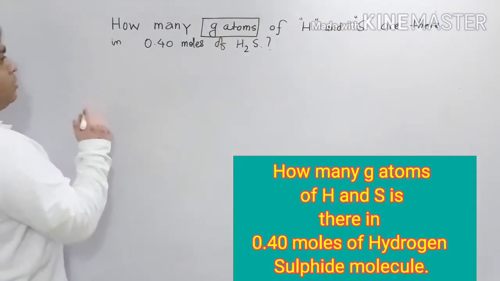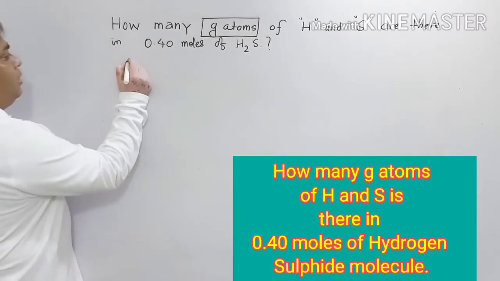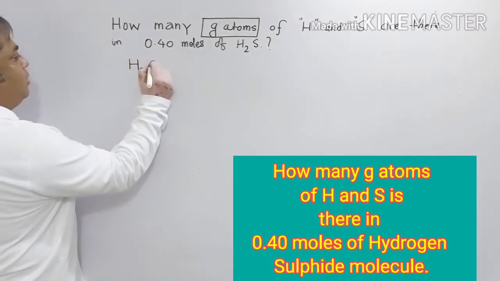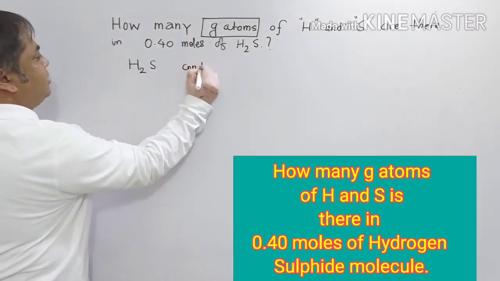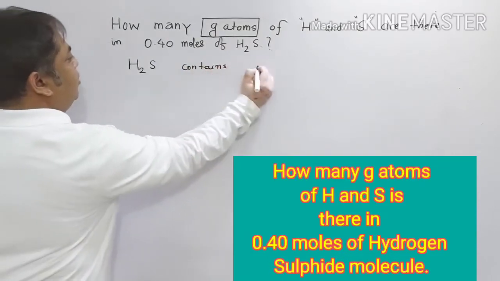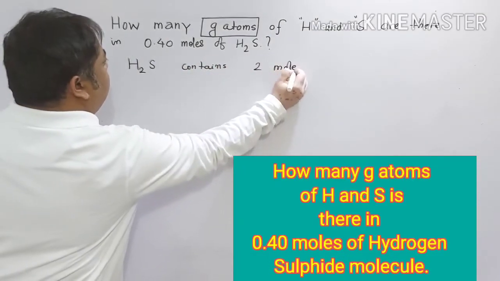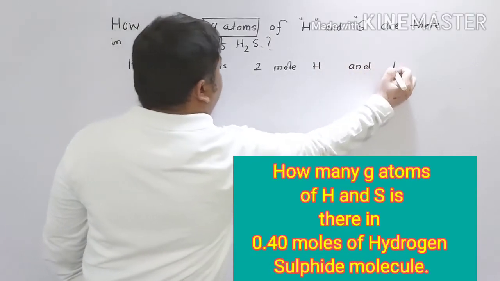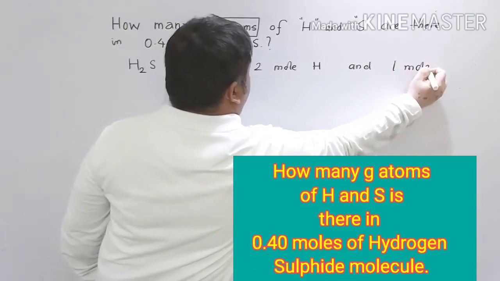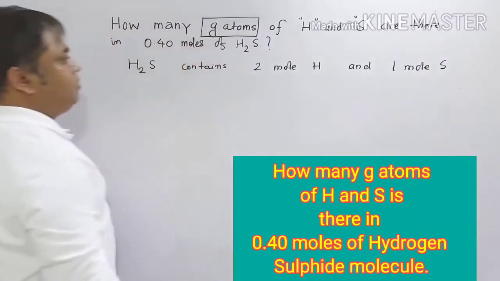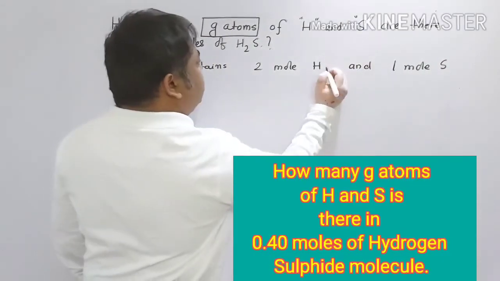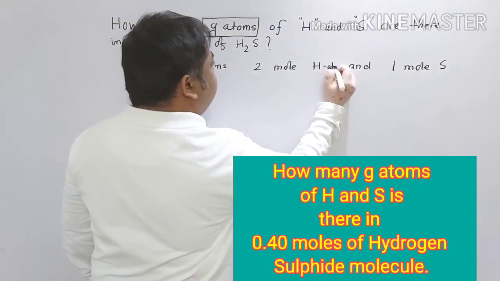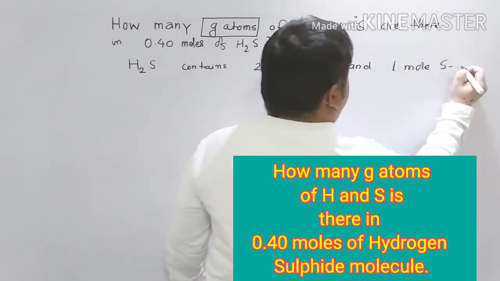I will make it clear. So let me solve this problem at first. If you take H2S, then it contains 2 mole hydrogen and 1 mole sulfur. To be more precise, I can write atoms and atoms.